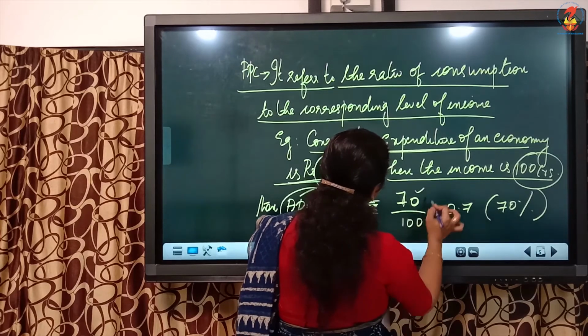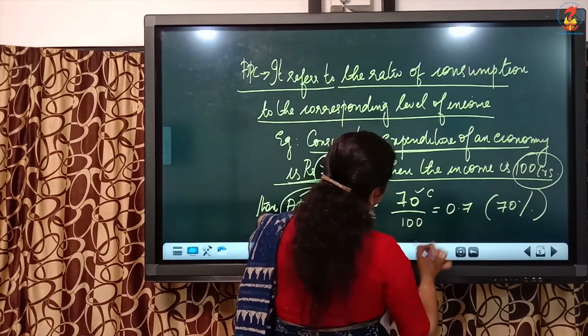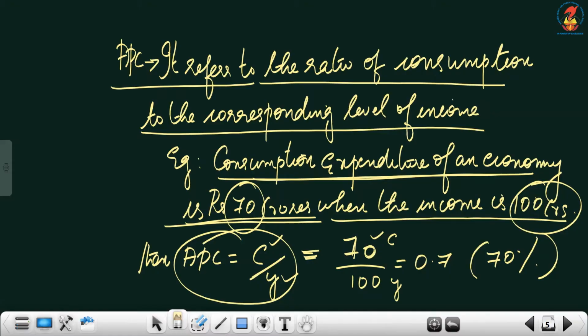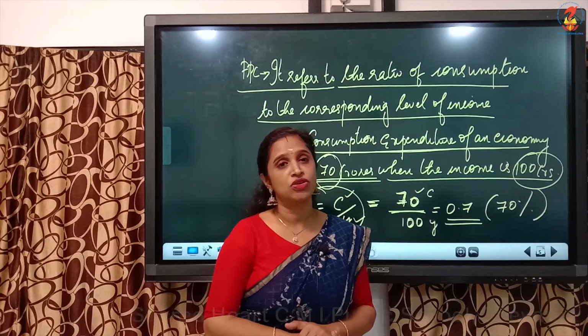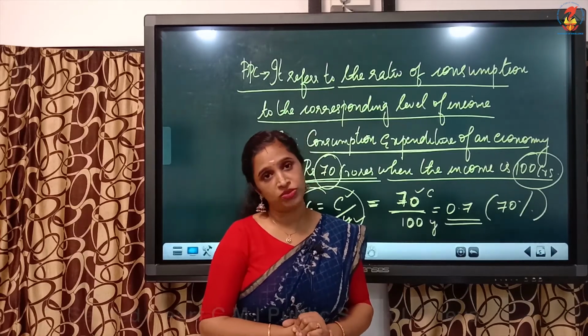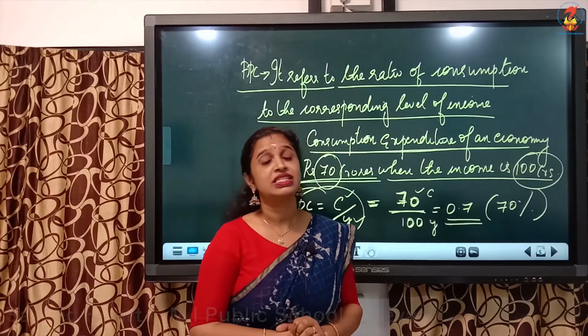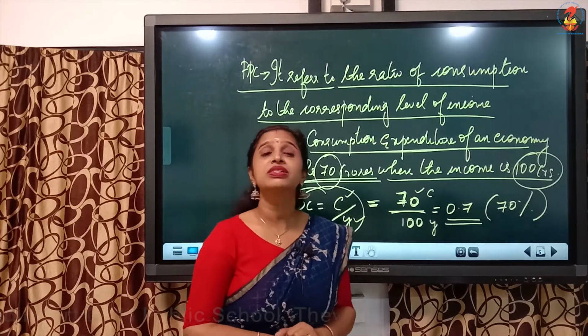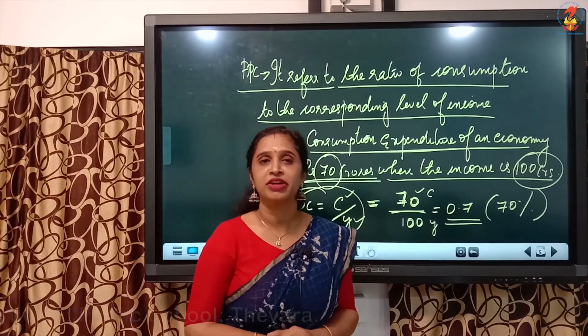So, what is 70 here? C, consumption expenditure. What is 100 here? Y, level of income. So, at a level of income 100, what is the consumption of economy? That is 70. Therefore, APC is equal to C by Y, 70 by 100 is equal to 0.7, which means that 70% of the income is consumed out of 100%.